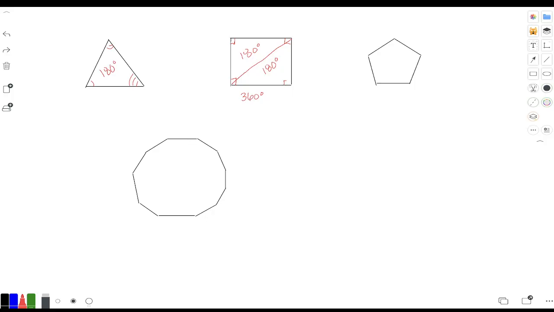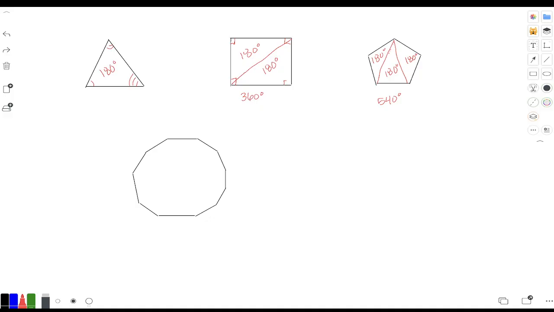We have a pentagon here, and we have a shape that has 11 sides that I don't quite know the name of. But if we come down here and we make triangles out of all these shapes, we split them into as many triangles as we can create, each triangle equaling an internal angle measurement of 180 degrees, then all of the angles of a pentagon are going to add together to be 540 degrees.